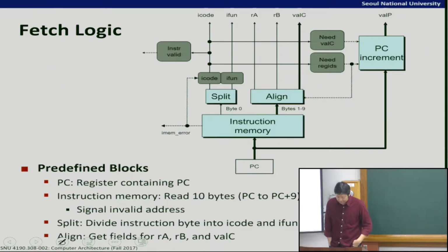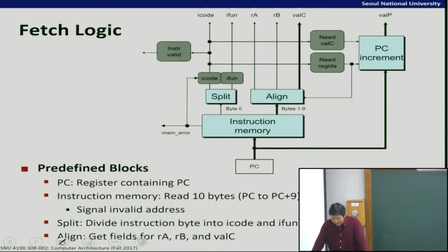All right. So let's take a look at those things in more detail. Let's start with the fetch logic. There are predefined blocks. PC is a register containing the PC, and then the instruction memory.